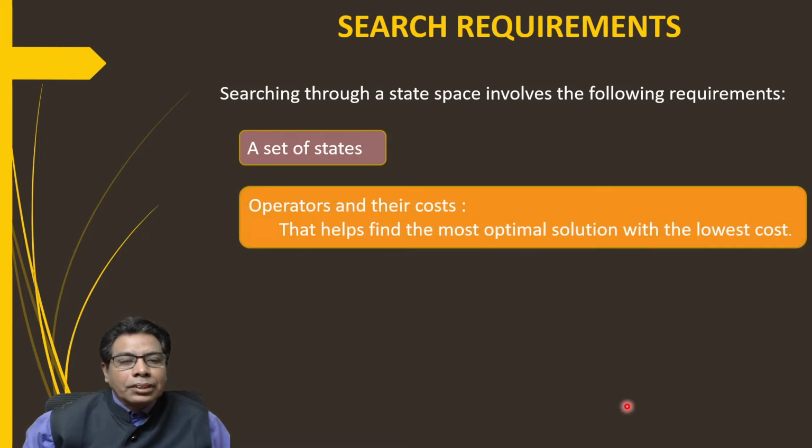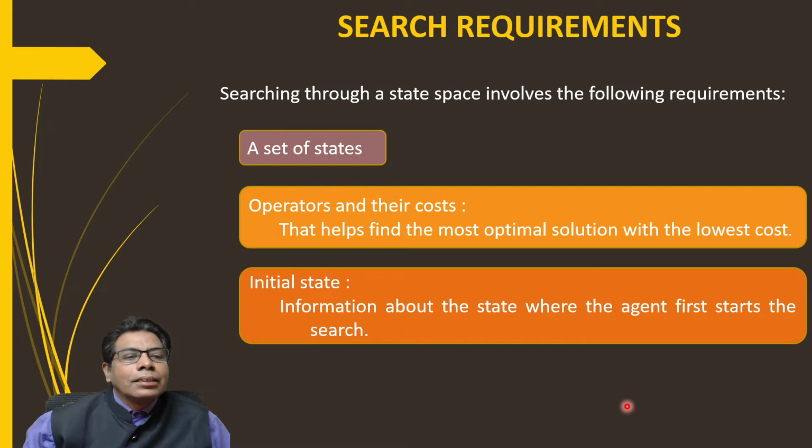Then the second requirement is operators and their cost. This will help us to find the most optimal solution with the lowest cost, because for every path the cost will be defined. Then next is the initial state.